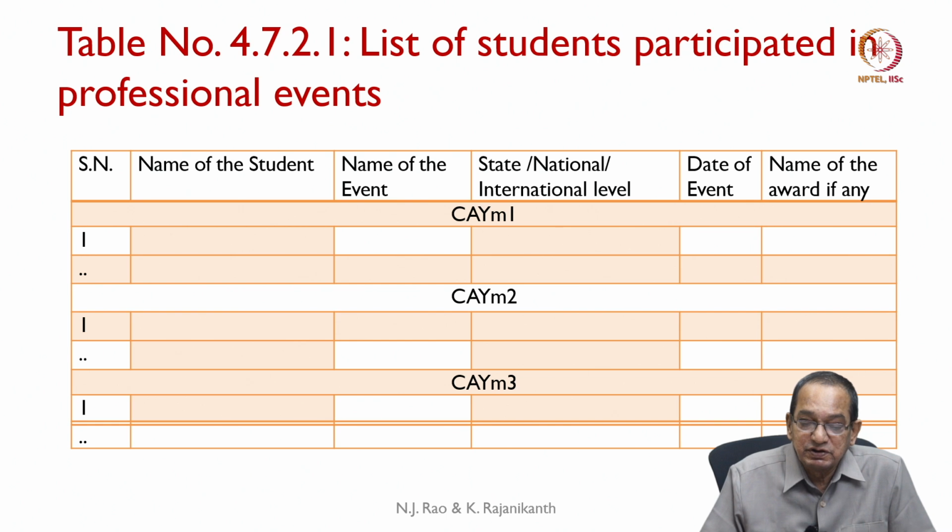So what is the level at which the event was organized, state or national or international, the date on which the event took place, or if it is multiple dates, the dates on which the event took place, because sometimes the hackathons go for 2 days, and the name of the award, if any. If the students have won any award, the name of the award.